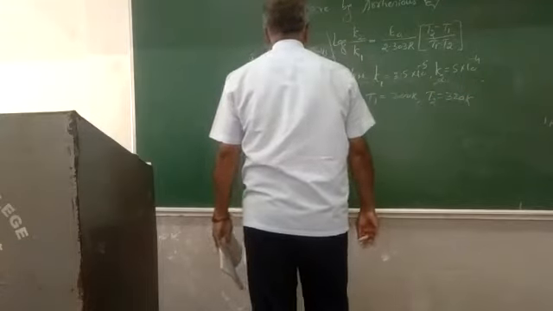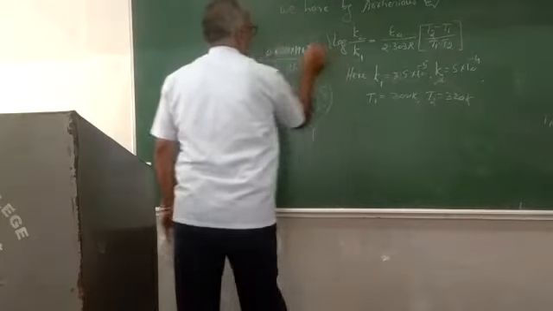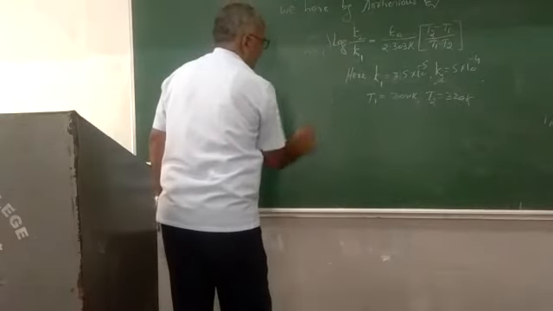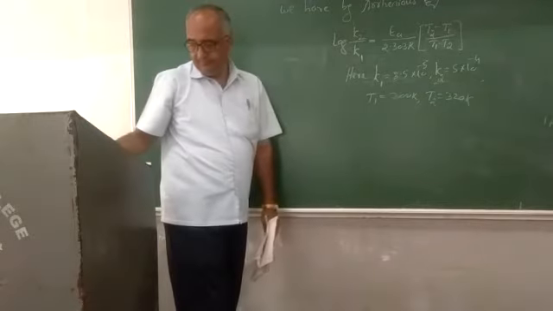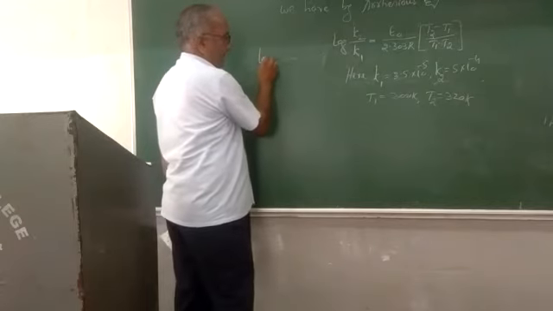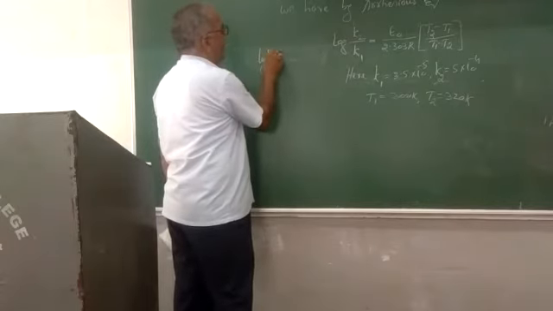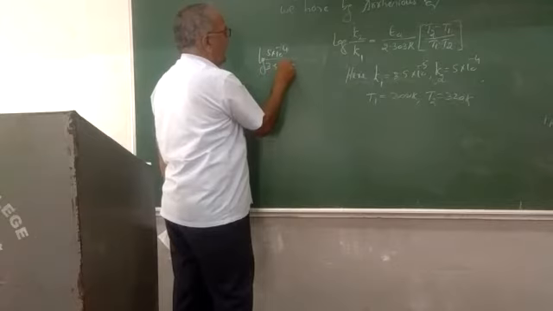R is same. So substitute the values in the above equation. We get that log of 5 into 10 to the power minus 4 divided by 3.5 into 10 to the power minus 5.